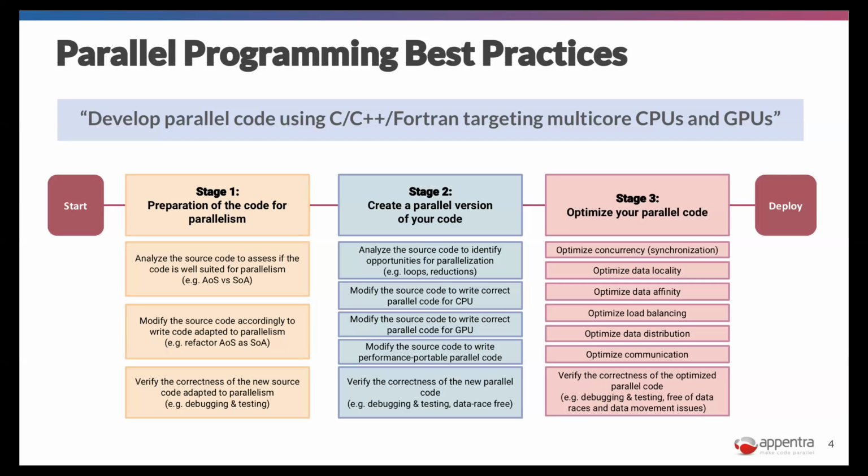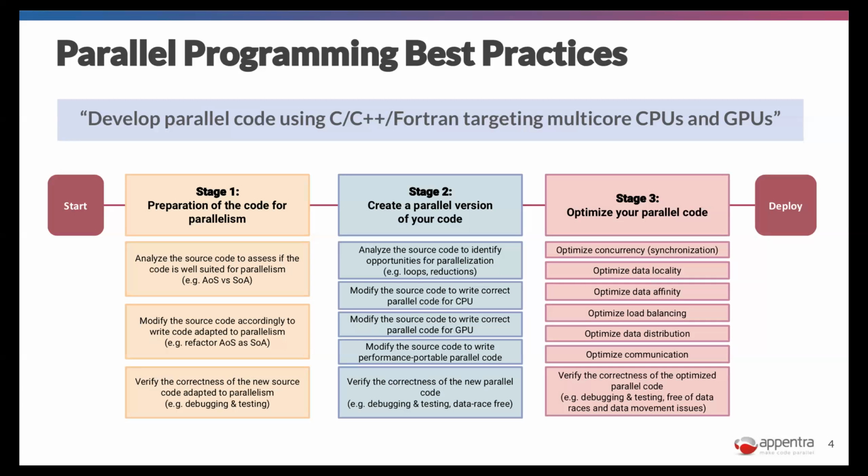A typical problem that we address here is to find a data structure that is an array of structs and convert it into plain arrays or structures of arrays, because these are data structures that are better prepared for parallelism. So stage number 1, many things that you can do in your code to prepare the code for parallelism.